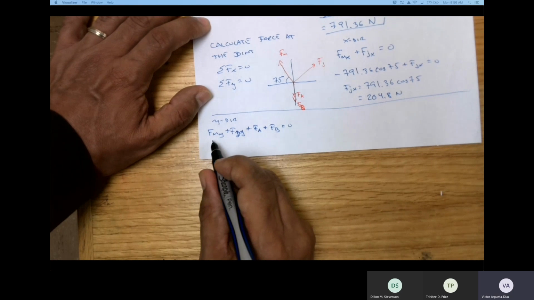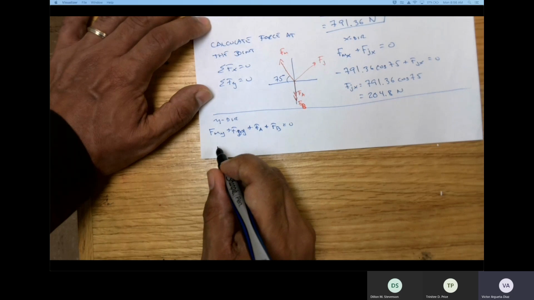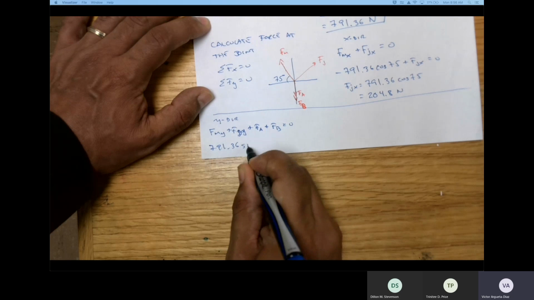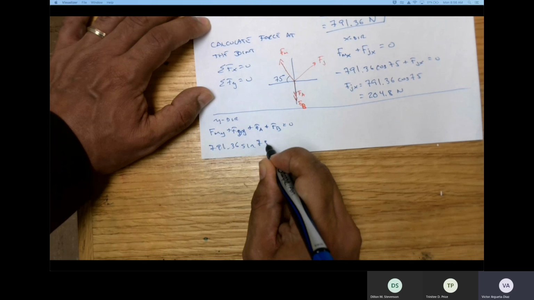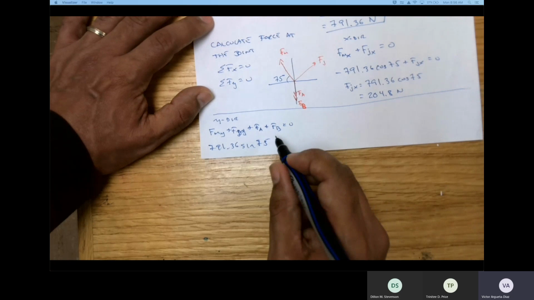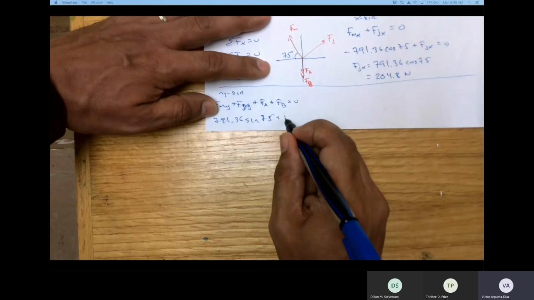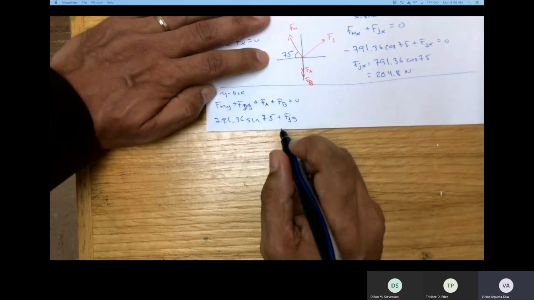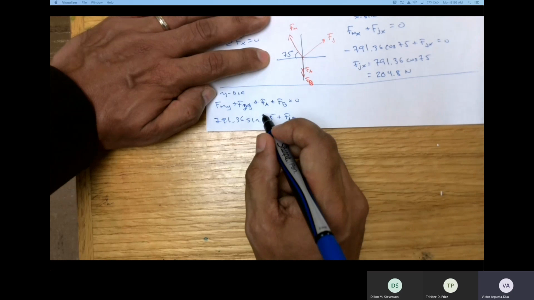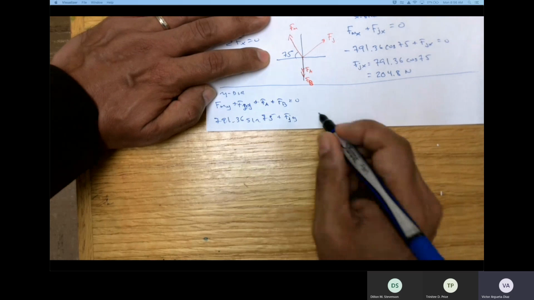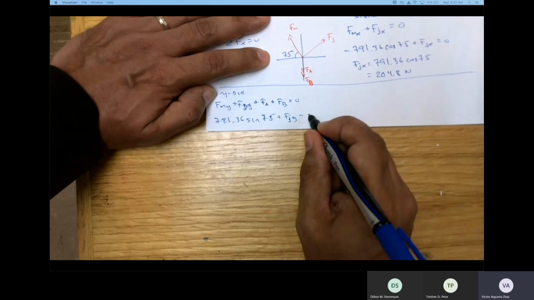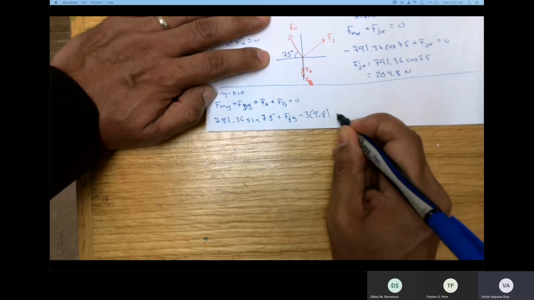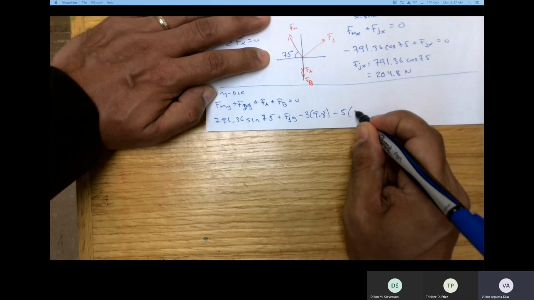The muscle will be 791.36 sine of 75, positive. Then the joint, and then I'm going to subtract the weight of the arm and the weight of the dumbbell.